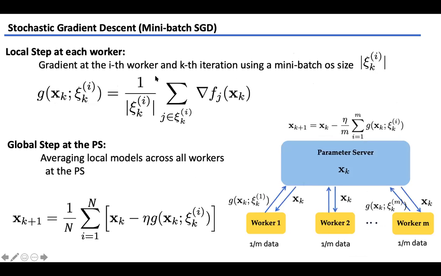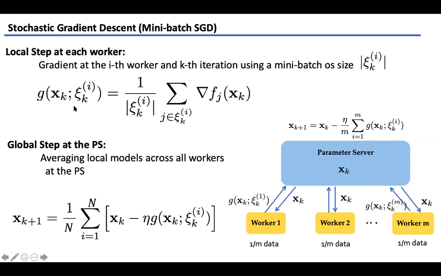Now we come to the stochastic version of the gradient descent algorithm, what is called stochastic gradient descent, or mini batch stochastic gradient descent. Because sometimes the data size of each worker is large, and if the worker uses the whole data to compute its own gradient at every iteration, that may be computationally very expensive. Therefore, in this case, each worker will compute the stochastic gradient.